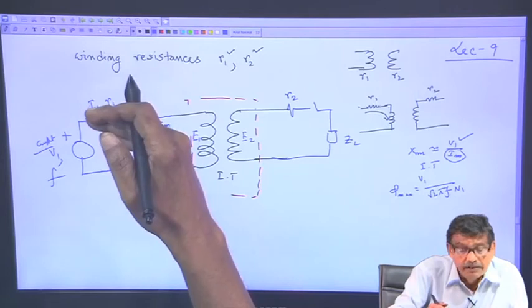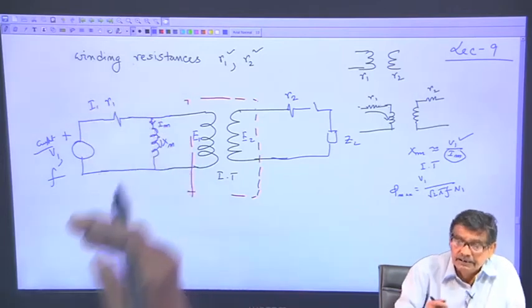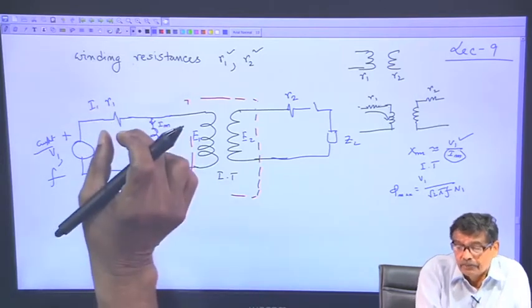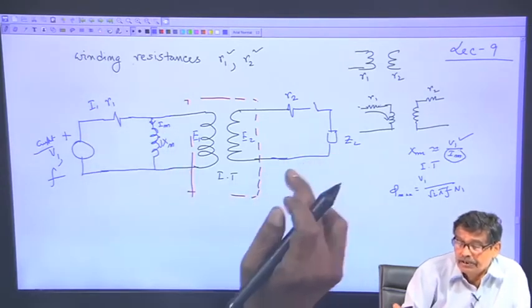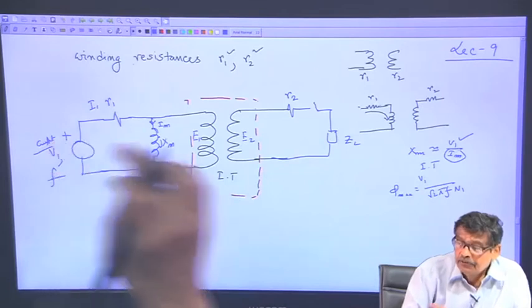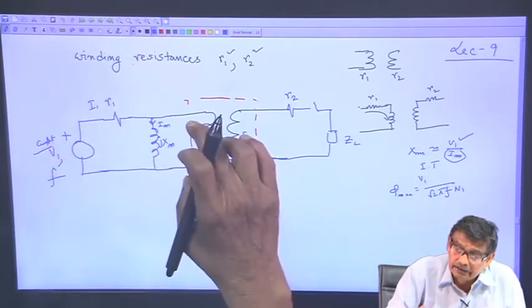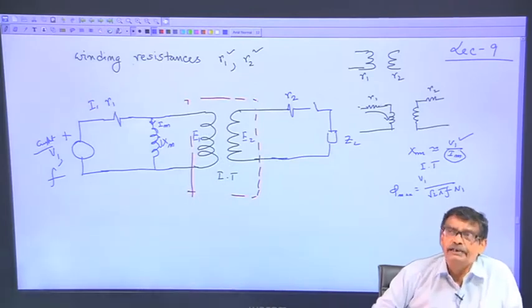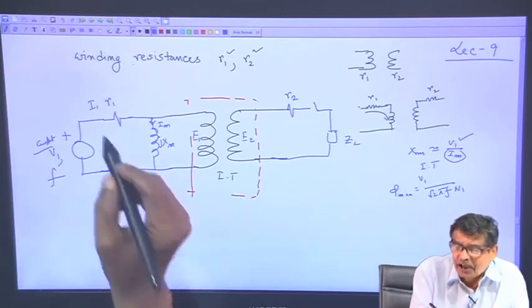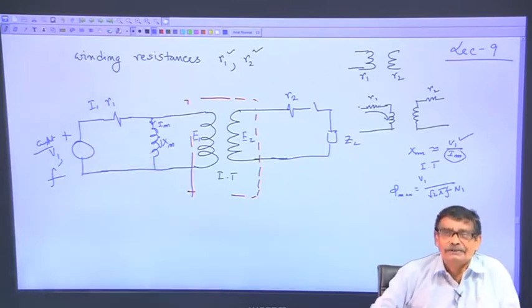Therefore, I 1 is also going to change. Therefore, the drop in R 1 is not constant as you change loading. Therefore, the applied voltage to the primary winding of this ideal transformer, strictly speaking, is not constant. Only consolation is this R 1 is quite small.